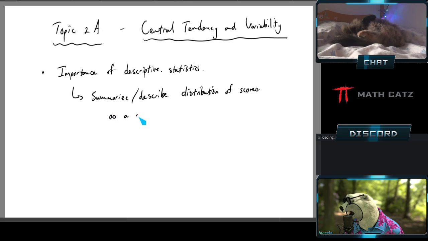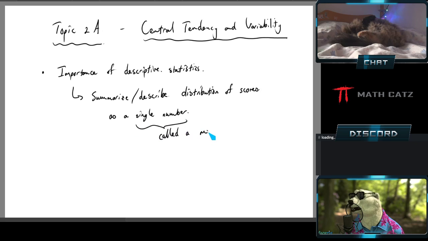We want to do that as a single number. It's perfectly fine to look at the histogram and describe it in words, but we can't use those words in a future calculation. Having a single number that we call a measure to describe what we see in words can be, and turns out is, very useful.